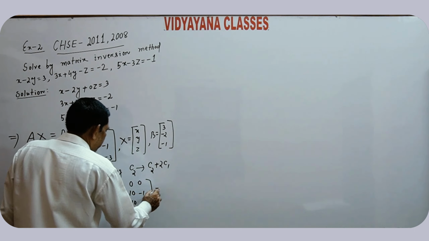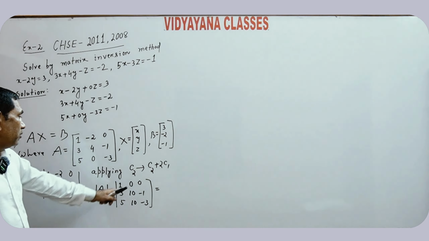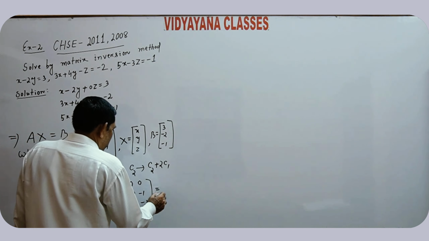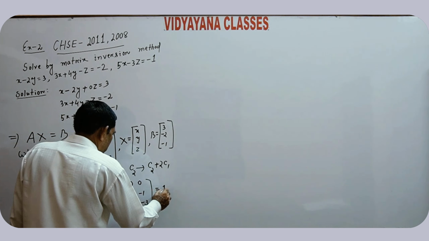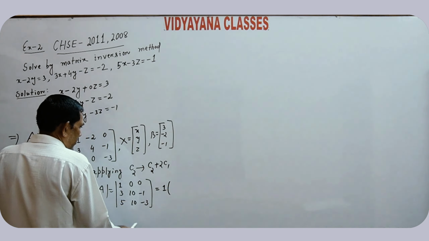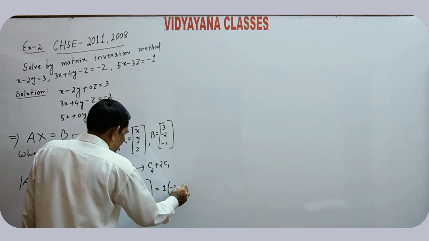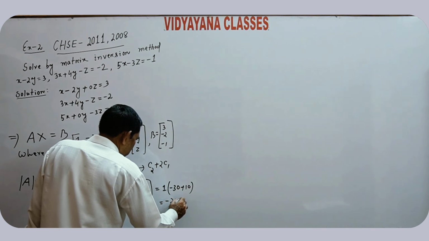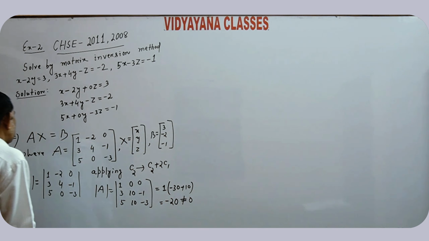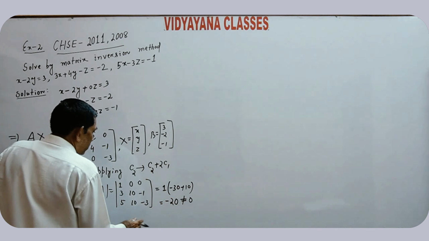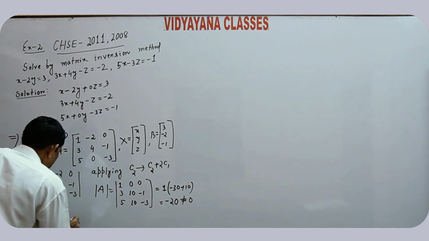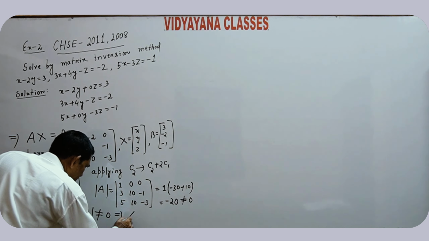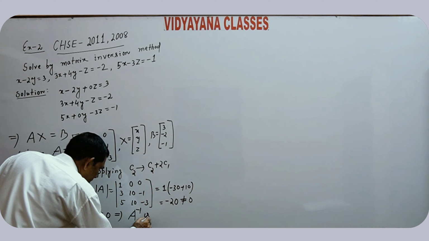Which is same as, expanding along row 1, since row 1 contains maximum zeros, 1 into 10 into minus 3 minus 30 plus 10 is equal to minus 20, not equal to 0. Since determinant of A not equal to 0 implies A inverse exists.